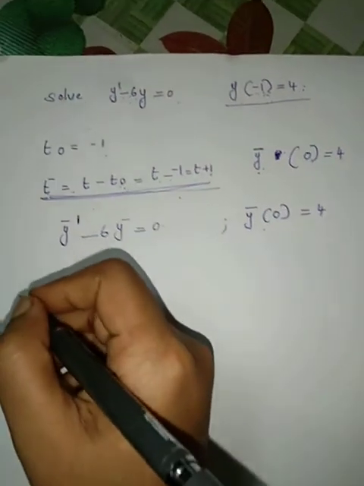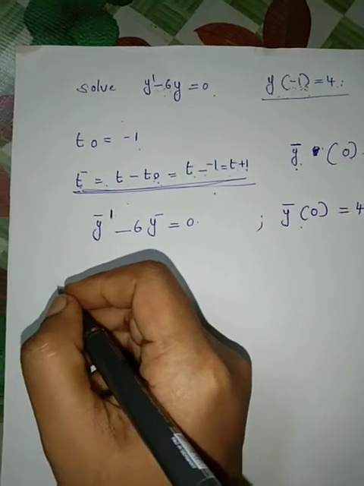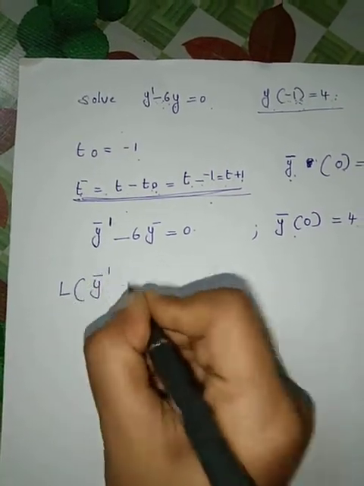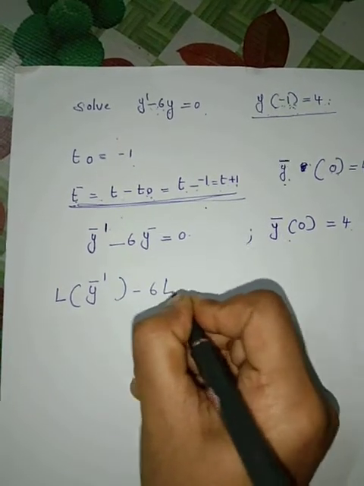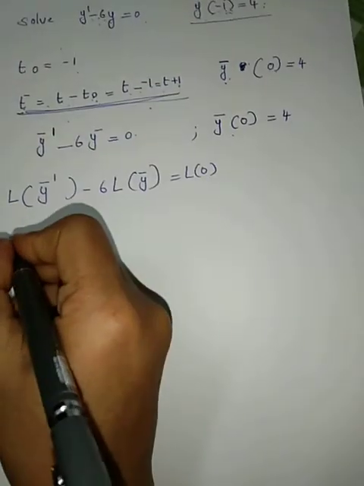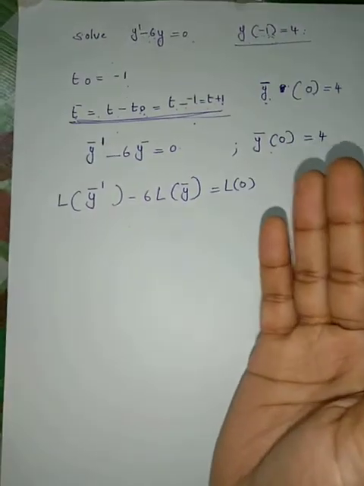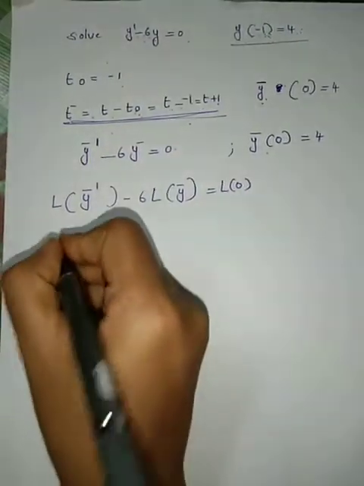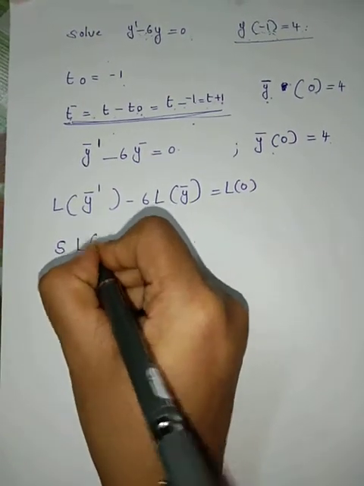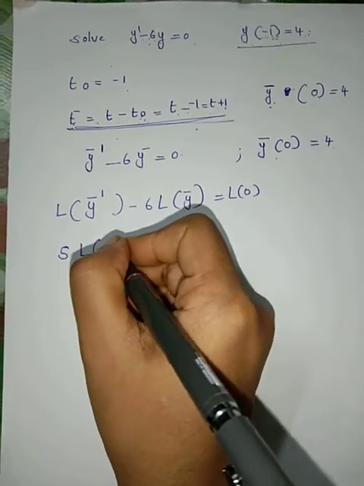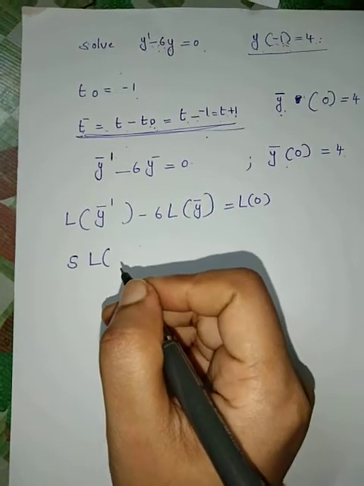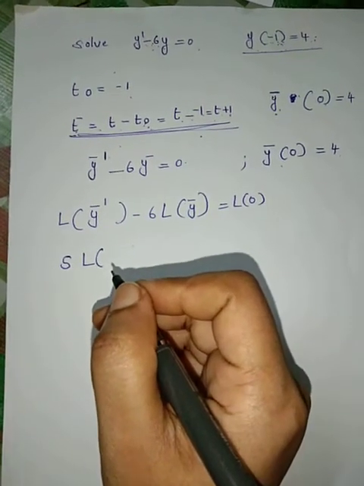Then, like in the earlier solutions, apply the Laplace transform on both sides. That is, L of y bar dash minus 6 into L of y bar is equal to L of 0. What is L of y dash? L of y dash is equal to s into L of y minus y of 0.